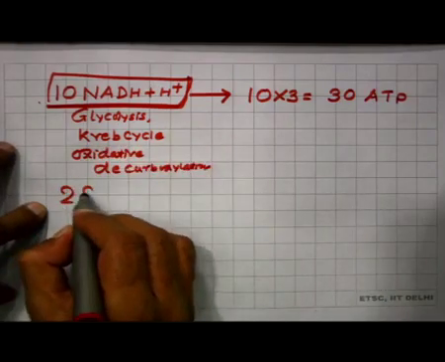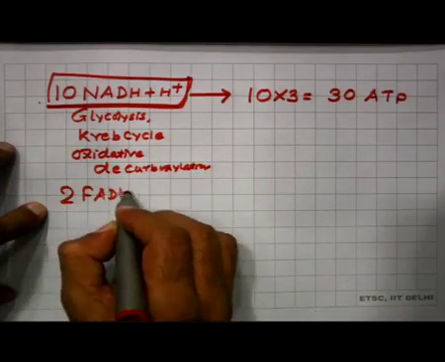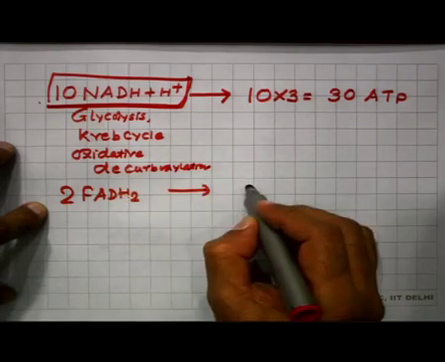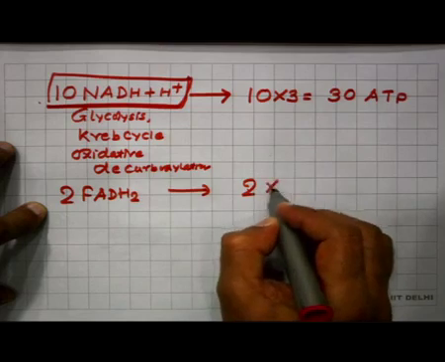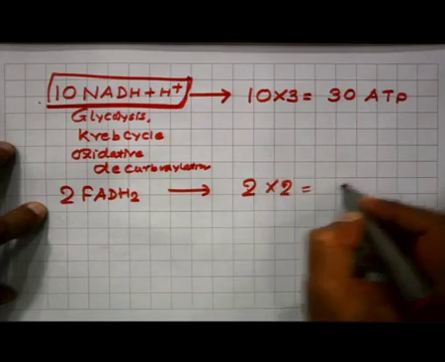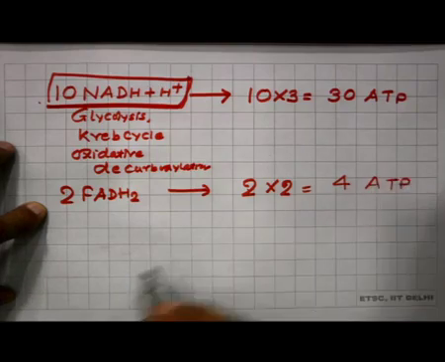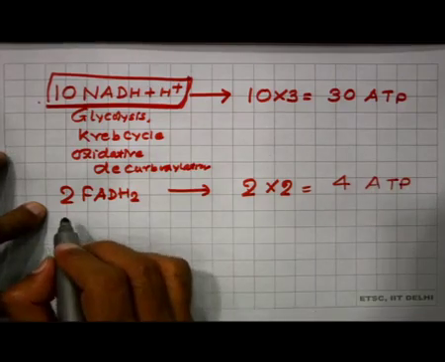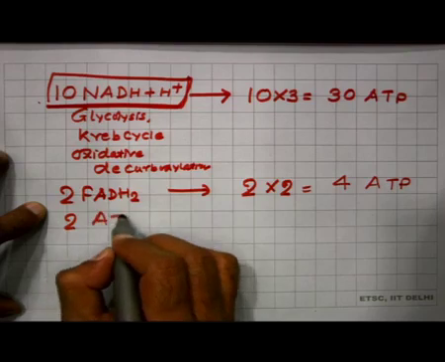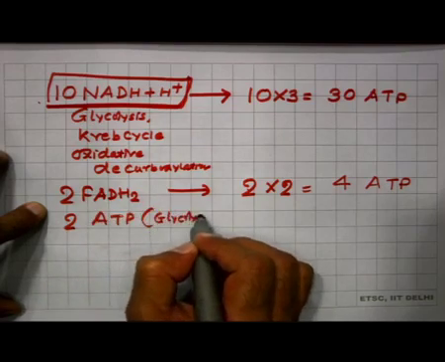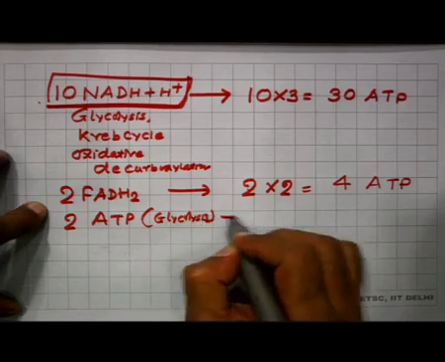2 FADH2 is formed. So, this 2 FADH2 gives 2 ATP each, 2 into 2, total 4 ATP is formed. In substrate level phosphorylation, 2 ATP is formed in glycolysis, where the net gain is 2 ATP.